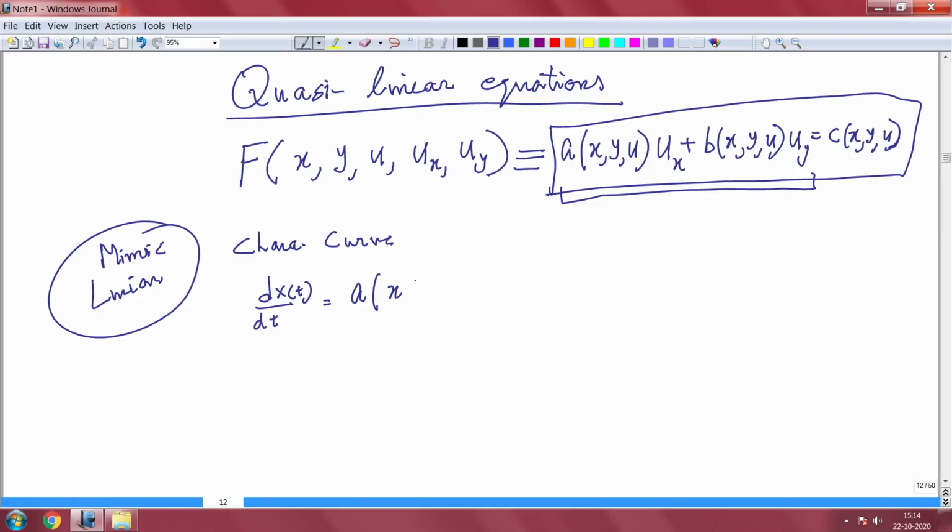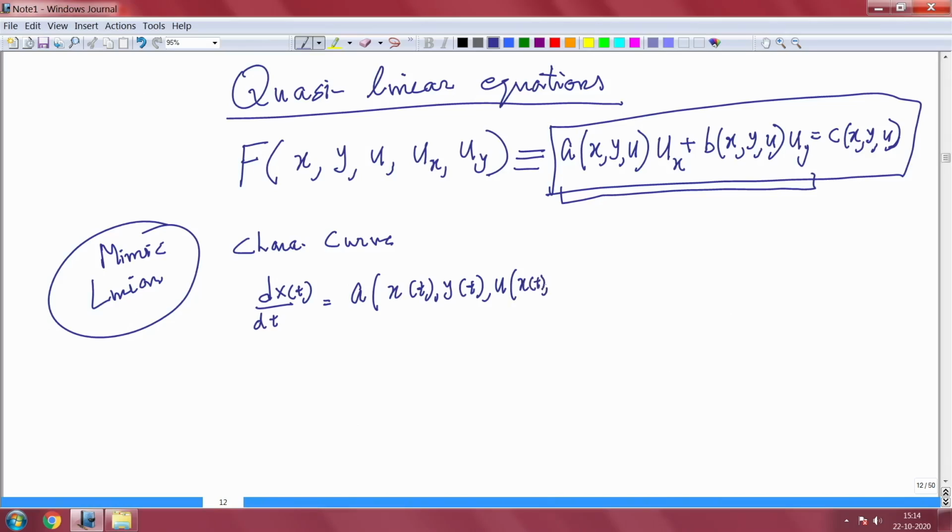So, even the characteristic direction is unknown, it depends. In other words, the characteristic direction a b depends on your unknown. In the previous case, the characteristic direction was independent of the unknown function u, so you could determine it. We are not able to determine the characteristic curves right now. So, if you look at it here, it will be a of x t, y t and u of x t, y t.